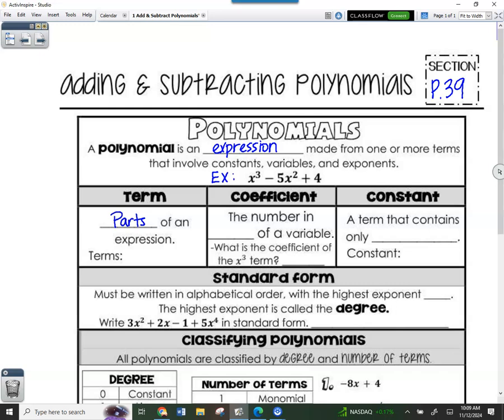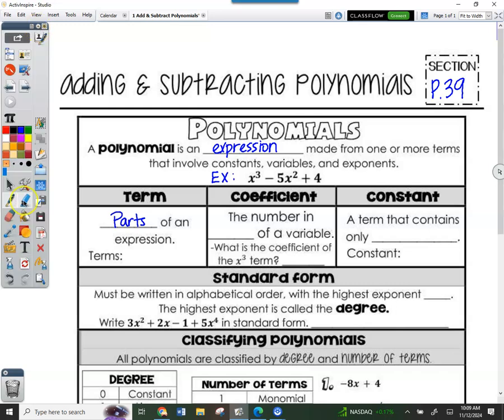So looking at this example right here, terms are separated by plus and minus signs. So there's a minus sign, there's a plus sign. So how many terms are there? There's 3. It also helps if you draw slashes between the expression. So the first term is x cubed, right? And then I'm going to draw a slash.